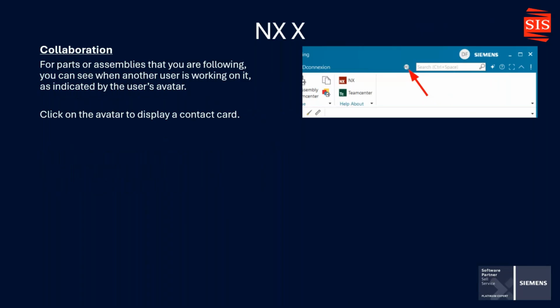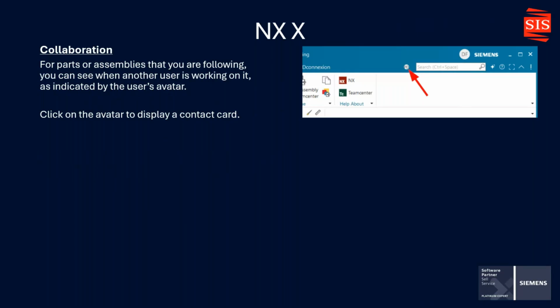Okay, so the next feature we have here is collaboration. And for this one, you can collaborate with other users that are working on the same part, file, or assembly. For example, I've opened up an assembly here that a colleague has already checked out in Teamcenter, and an avatar displays right in the ribbon bar next to that search text box.